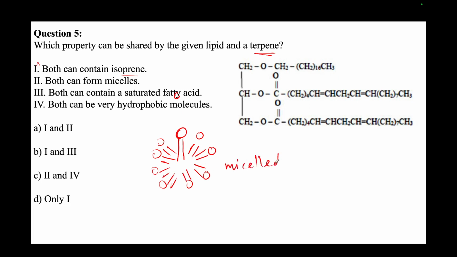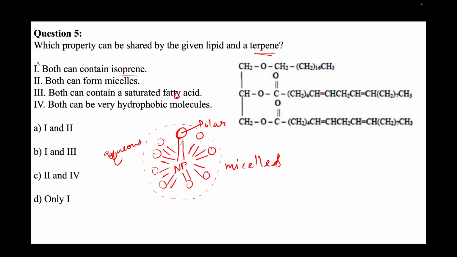So the outer environment is aqueous here. If the outer environment is aqueous, polar head groups will face towards the aqueous part and the non-polar chains will face towards each other. Non-polar can face non-polar, so it will make a circle basically.